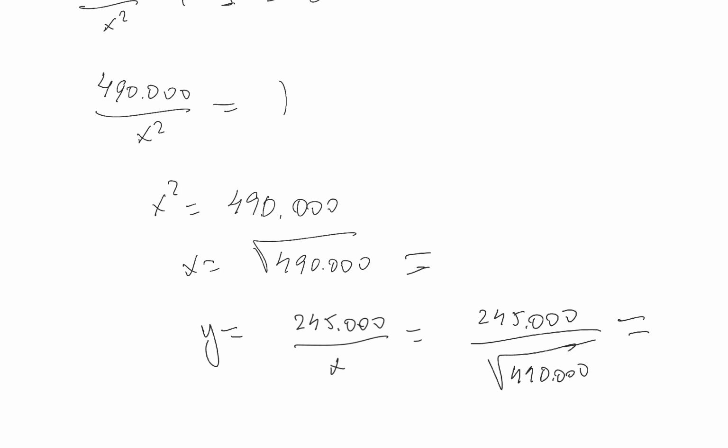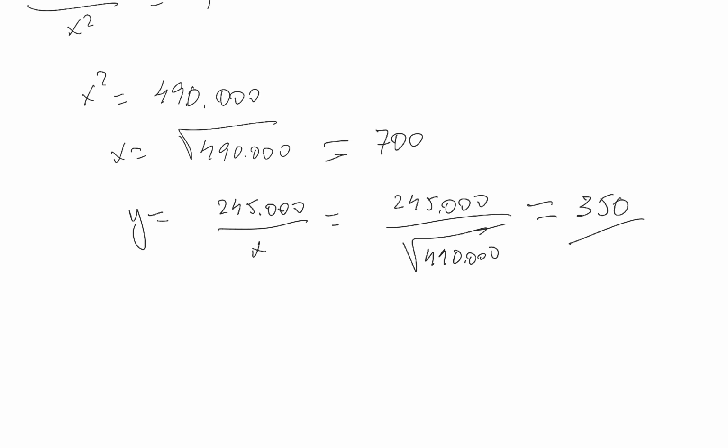So the square root of 490,000 is 700, because 700 times 700 is 490,000. And here, this would be 350, so I found the dimensions of the rectangle. The rectangle should be like this, 700 and 350.